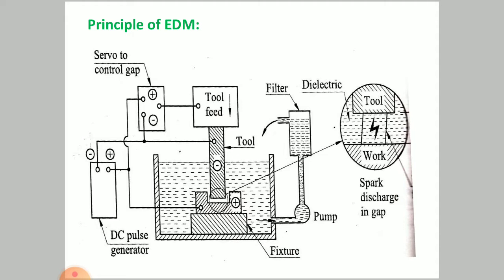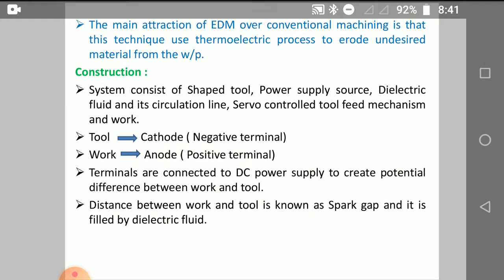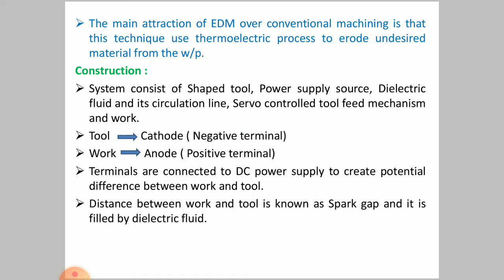Here in this process the dissociation of atoms is taking place, right? The main attraction of EDM over conventional machining is that this technique is a thermoelectric process to erode the undesired material from the workpiece.